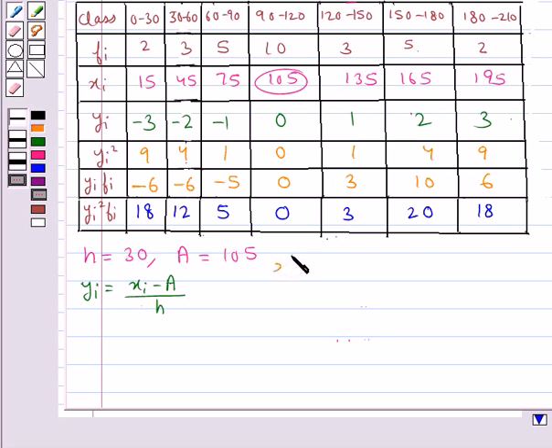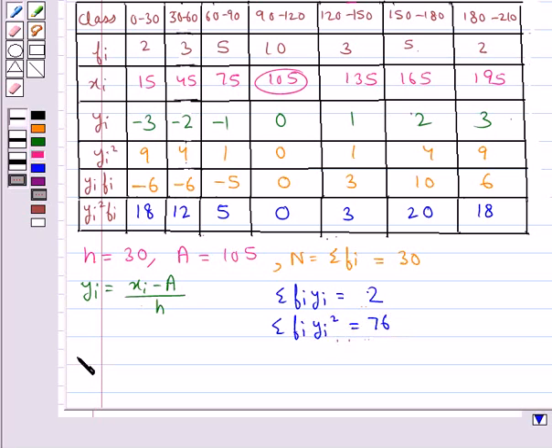Here we have n equal to summation fi, that is sum of the frequencies, and that comes out to be equal to 30. Then summation fi into yi is equal to 2. Then summation fi into yi square is equal to 76.